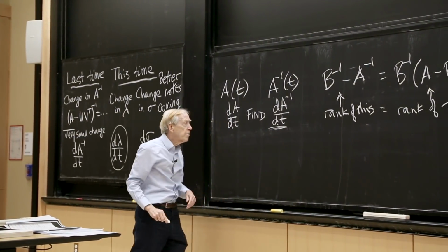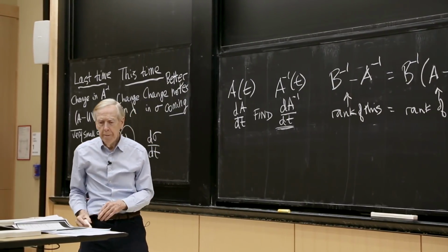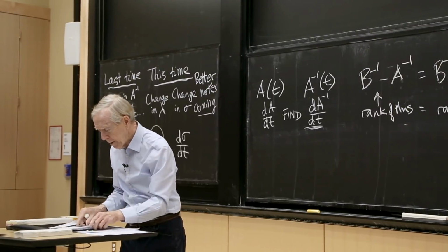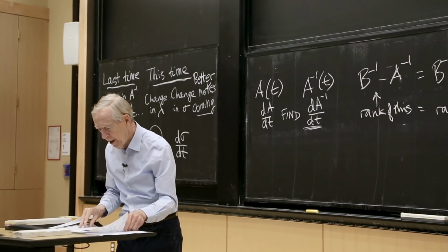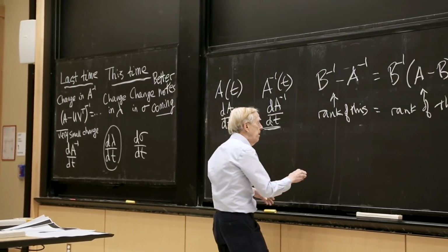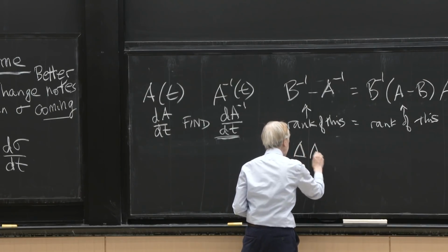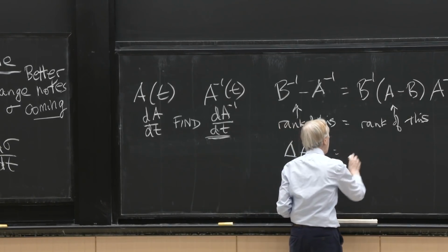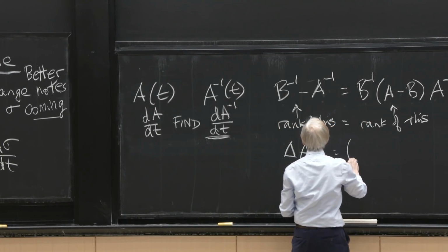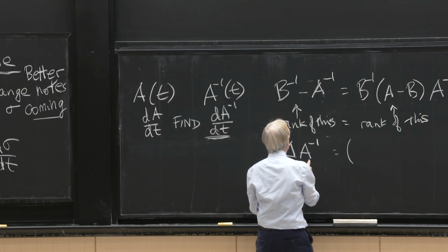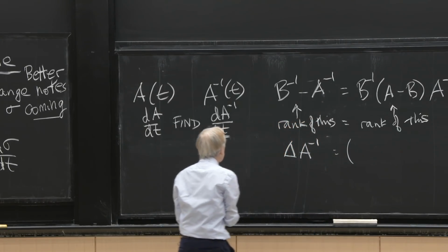Okay, so how do I go forward with that job to find the derivative of the inverse? Well, I'm going to call this a change in A inverse. And over here, B inverse will be, let's see, am I right?